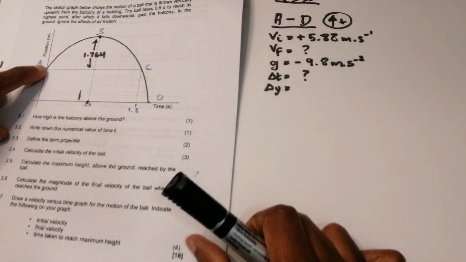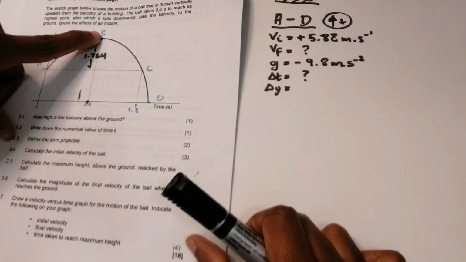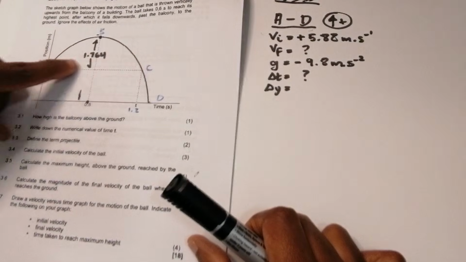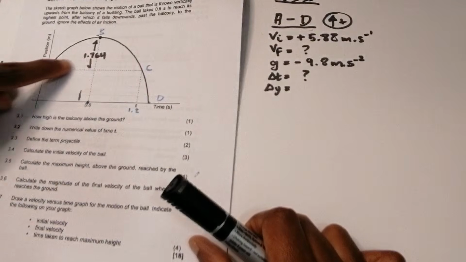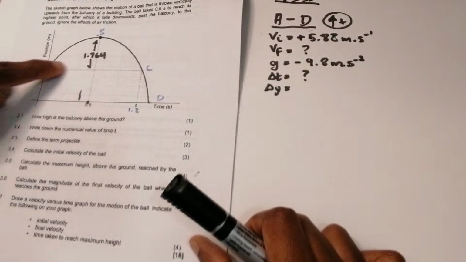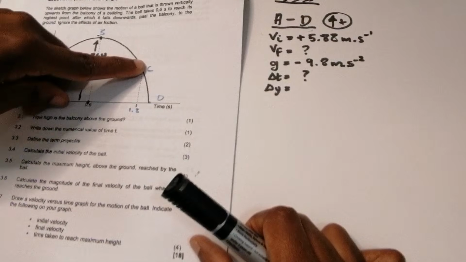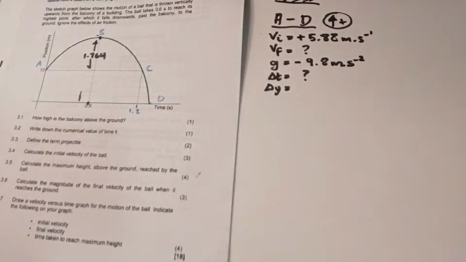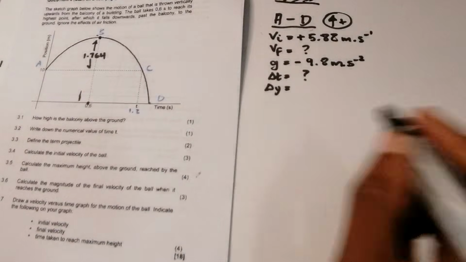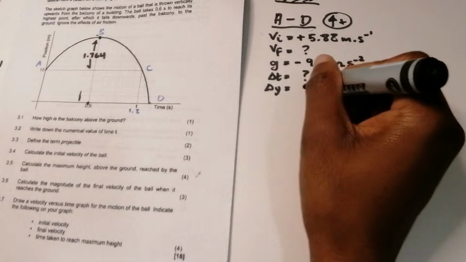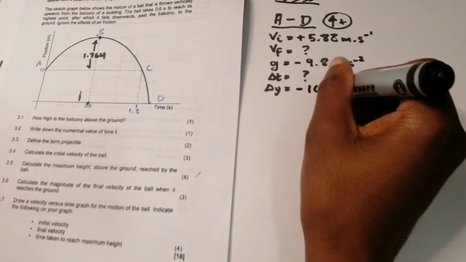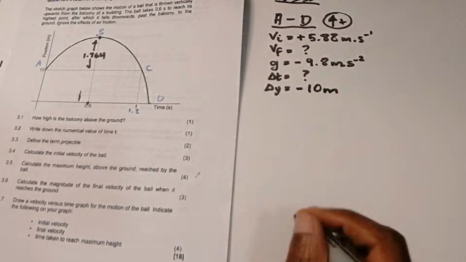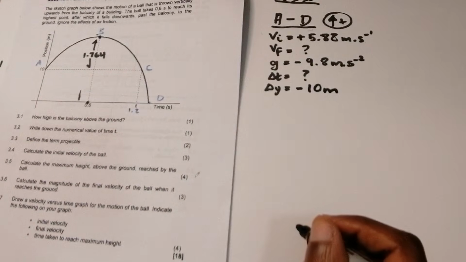Now, remember, when it went up 1.76, it also went down another 1.76. So it means your displacement between A and C is 0. So as a result, from A to D, it's actually going to be 10 meters, but it's 10 meters downwards. So please note, we said up is positive, so therefore down should be negative. So that's going to be minus 10.